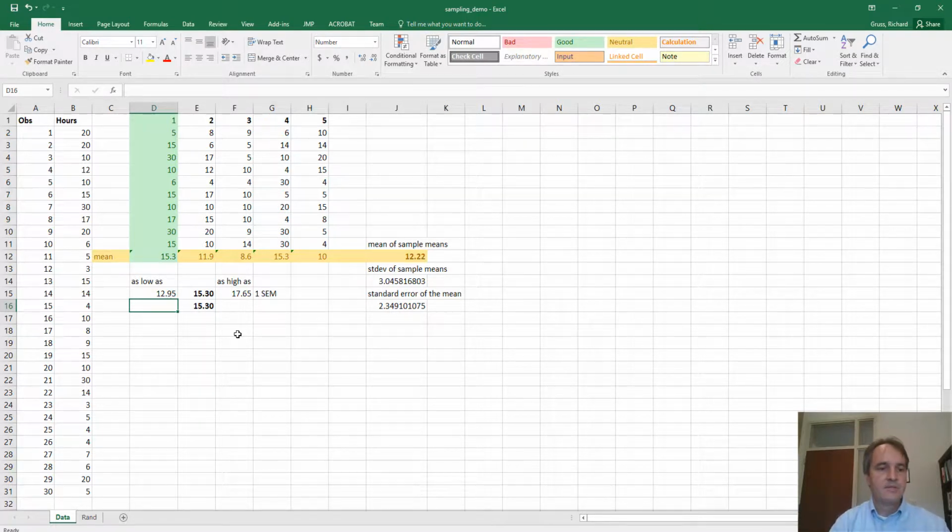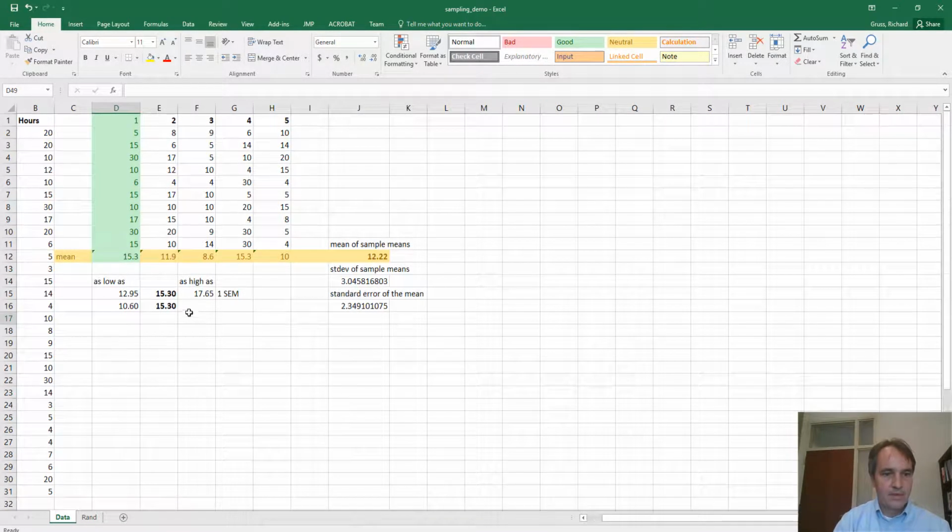So this is going to be equal to this minus 2 of these standard errors, and it could be as high as this plus 2 of these. Okay, so now we're saying our guess is centered at 15.3, but it could be as low as 10 and as high as 20. So this is 2 standard errors of the mean.